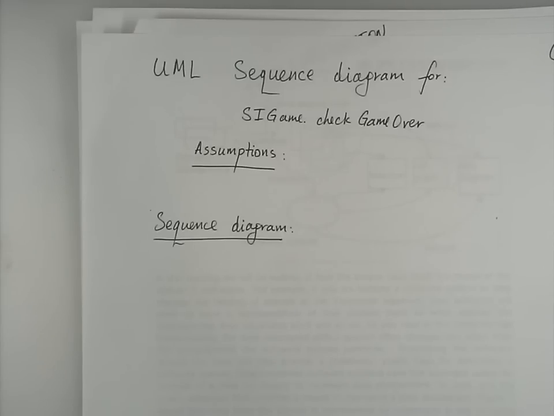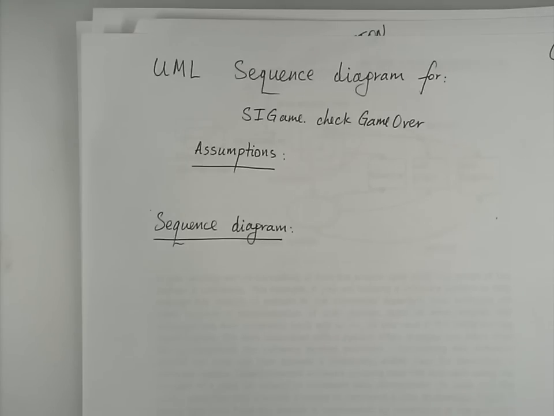The most complex of these were the sequence diagrams that we covered on Friday. So what I'll do now is review the sequence diagrams. We'll build it together again, for the check game over method within the SI game. This is just going to be a review of the UML sequence diagrams, and then later on we'll move into abstraction and talk about data abstraction.